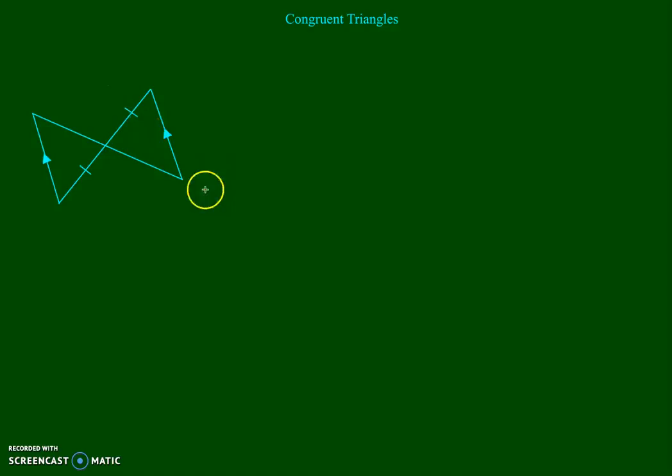Now in this example, we have two triangles that have two parallel sides. Whenever you see parallel sides, you should always be looking for alternate interior, alternate exterior, any of those angle pairs from previous units. So in this case, since these are parallel, I know that this has to be congruent to this because they're alternate interior angles.